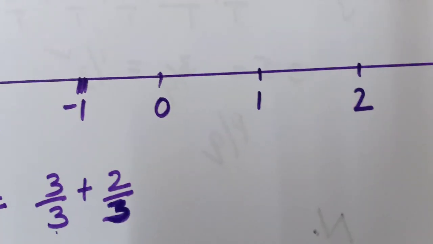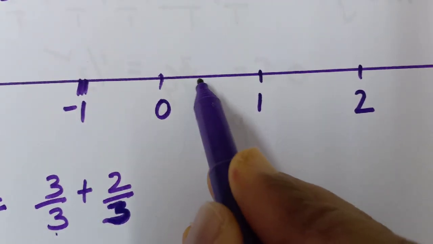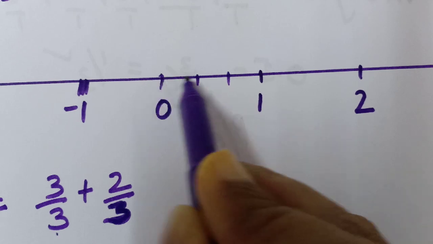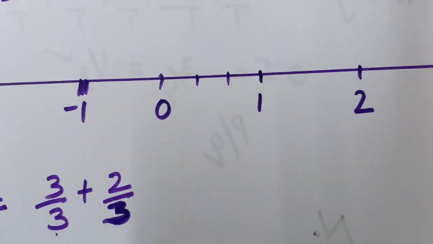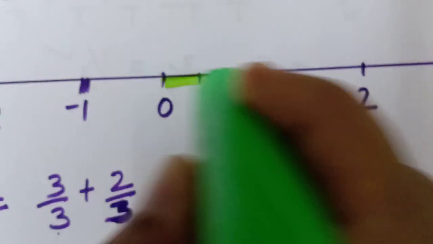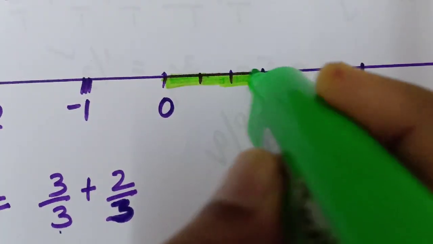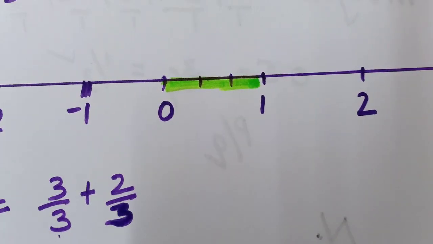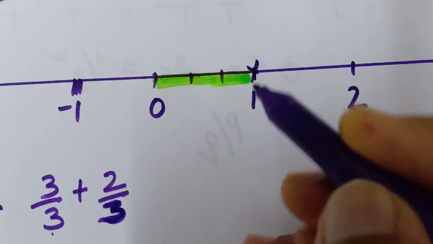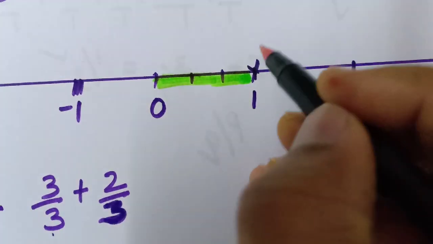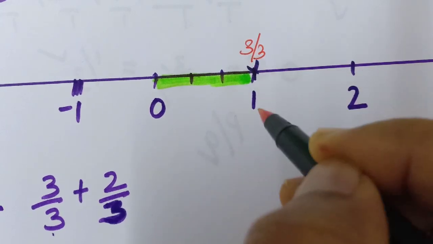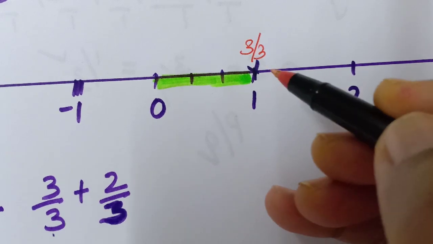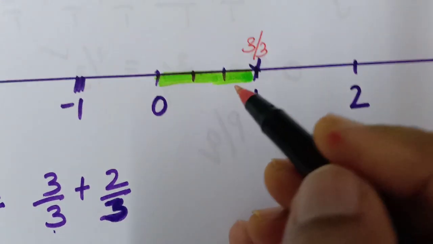Listen here: if we divide this 0 to 1 into 3 parts, this total is called 3 by 3, because 3 by 3 is equal to 1 unit. So 1 itself is 3 by 3. Right or not?